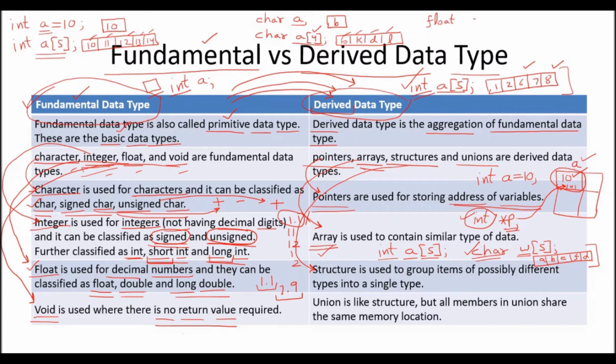If I say float a, one memory is reserved, and if I say float a[3], then 3 memory locations are reserved, of float type.